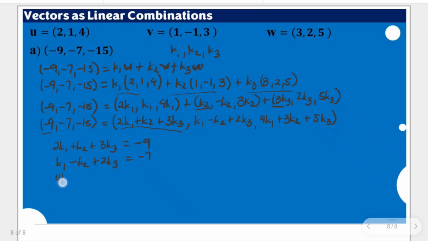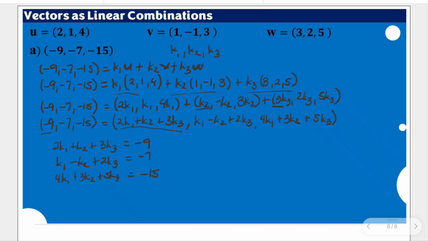And 4 k sub 1 plus 3 k sub 2 plus 5 k sub 3 equals -15. We have a system here, and since our goal is to show whether k sub 1, k sub 2, and k sub 3 exist, we need to show if this system has a solution.